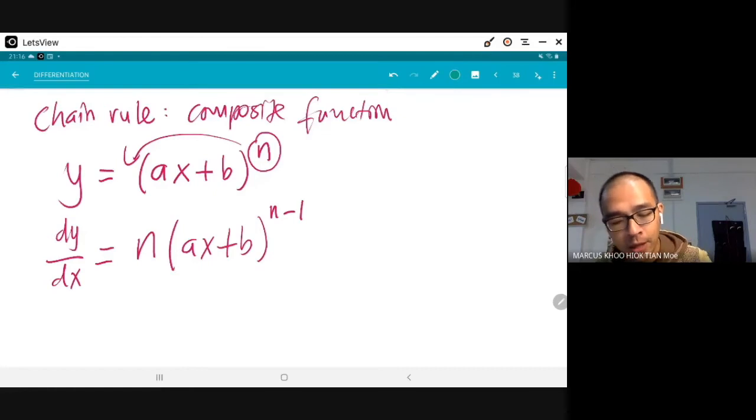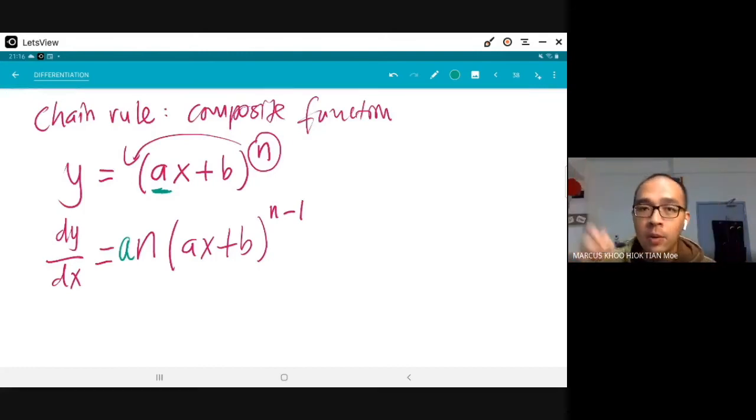You see the number a over here? The number a, you multiply here. So a times n, and then the bracket, and then the power you reduce by 1. If there's no number a, the number is just 1, then no need to bother. So this is how we would differentiate it.